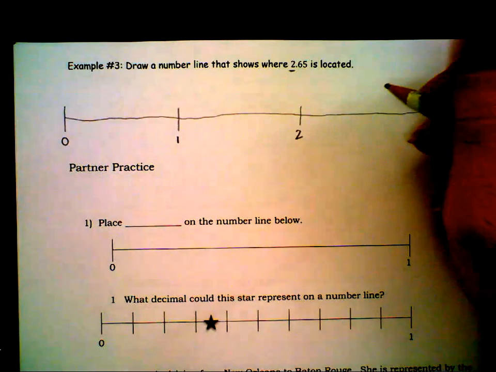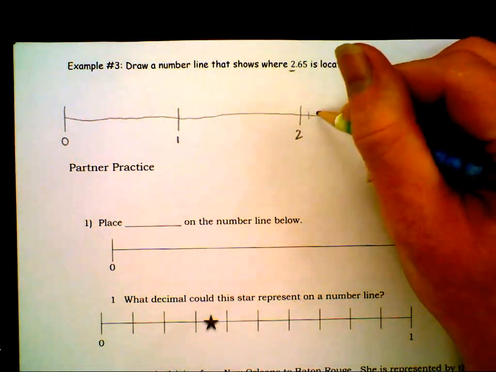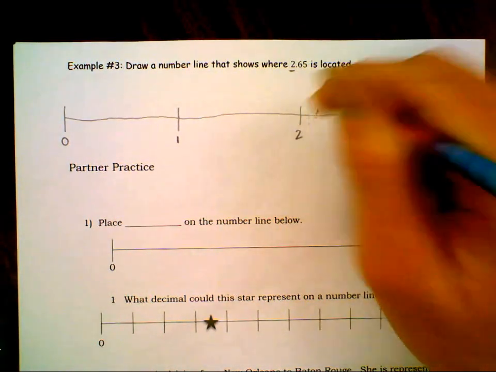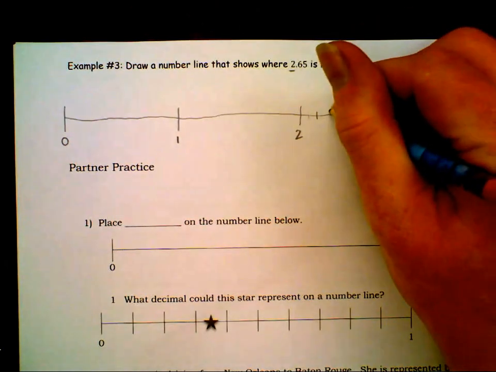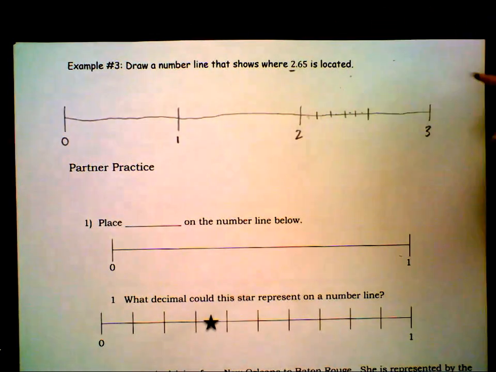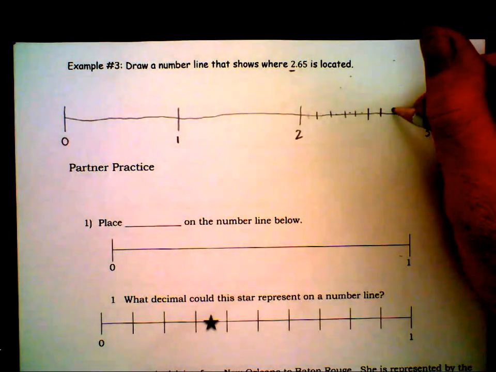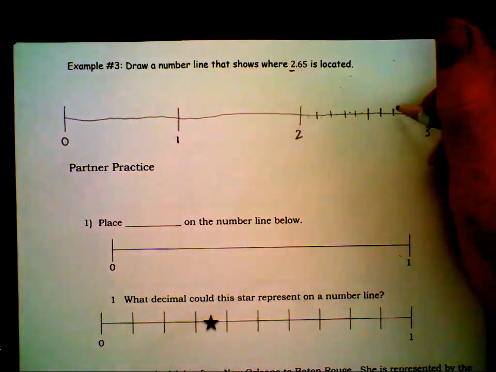So again, I'm going to put a halfway mark, and then 4 lines to, I'm going to spread those apart a little bit further, because that was too small. 1, 2, 3, 4, 5. So that's 1, 2, 3, 4, 5 tenths. And do the same thing on this side. 1, 2, 3, 4, 5. So it's 1, 2, 3, 4, 5 more tenths.